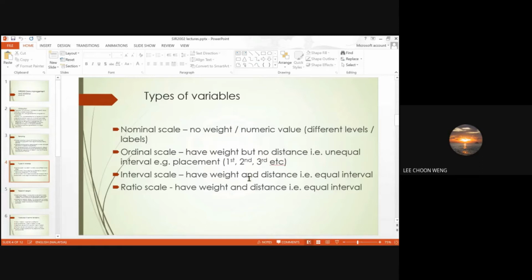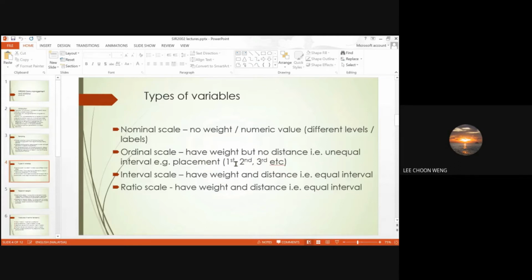That means like first, second, third, these are ordinal scales. That means there is weight. First is above second and third, but then the distance between first and second, second and third, may not be equal. So the unequal interval.